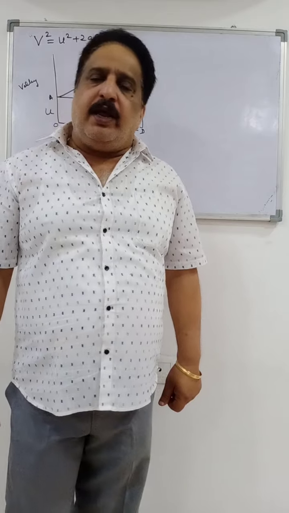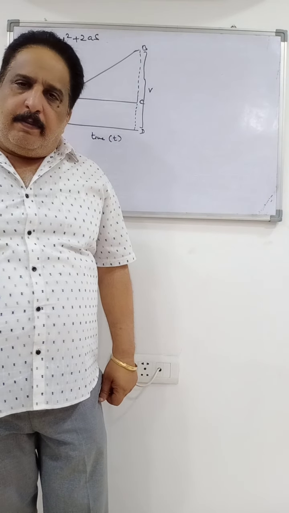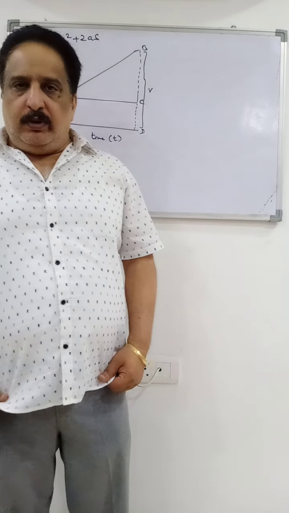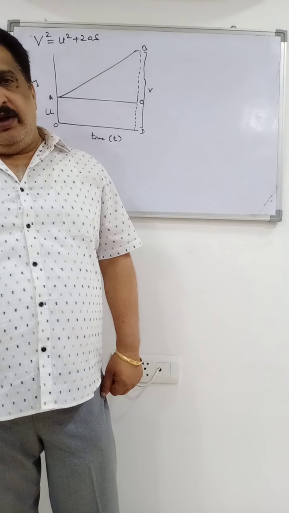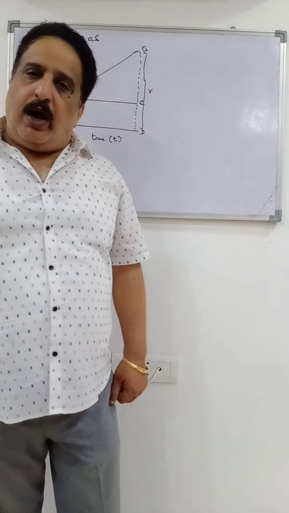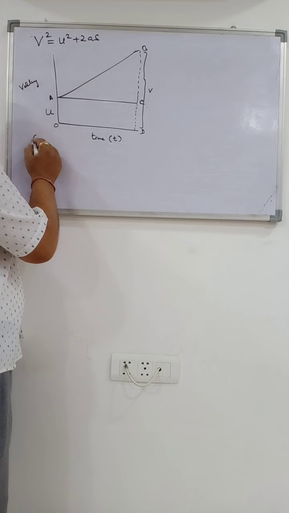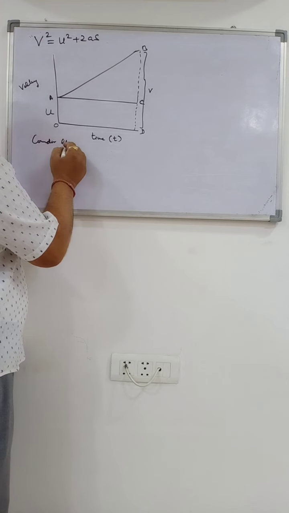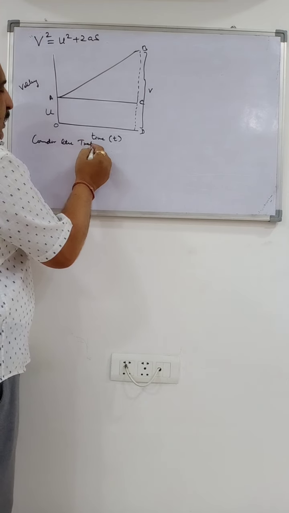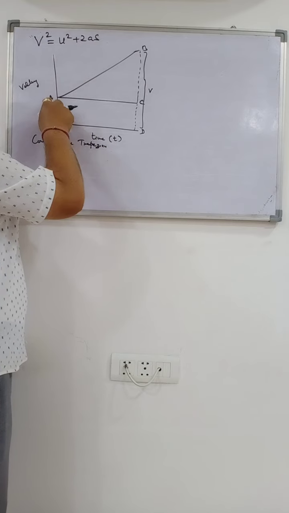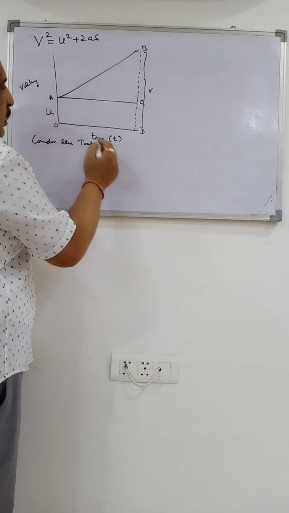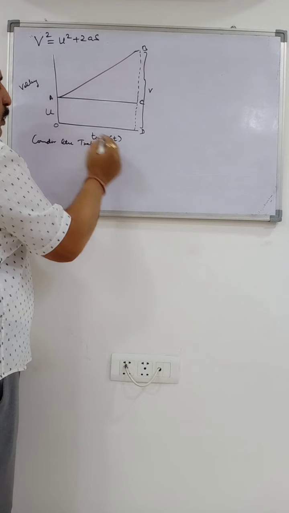Beta, what is the area of a trapezium equal to? Sum of two parallel sides divided by 2 into height. So this is a trapezium, the trapezium AODB, or ABDO.